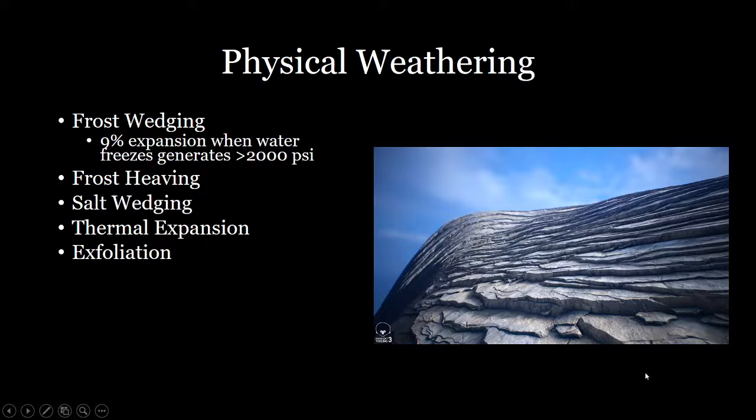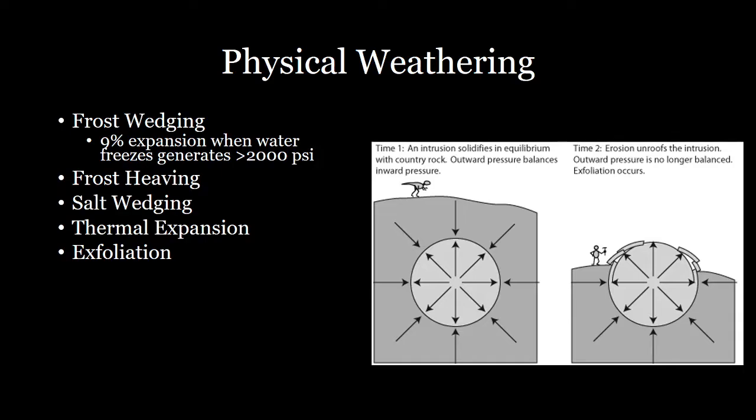This is really common in places with plutons, the intrusive igneous rocks that we talked about previously. This happens because the pluton formed under immense pressure, deep underground, and in order to maintain its structure, it had to have an outwards pressure.